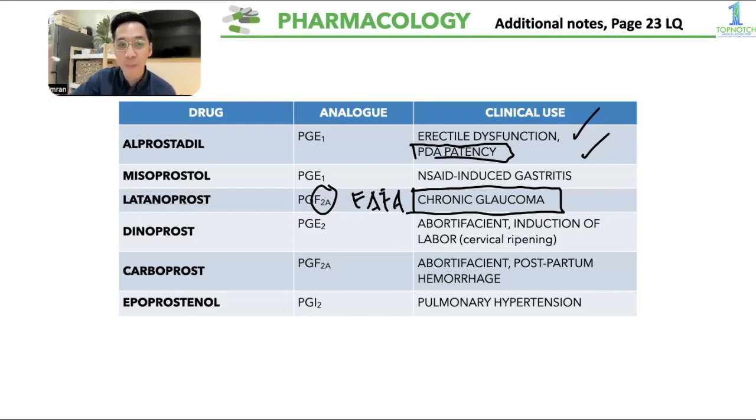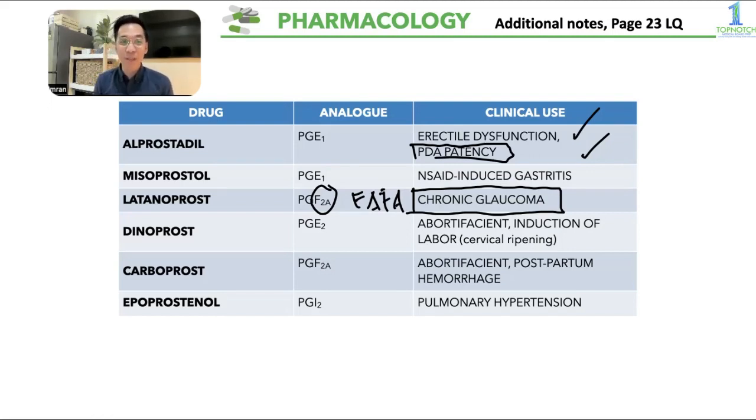Tapos, paglabas ng baby, nakita mo, oh, tignan mo ito. Mukha siyang naging dinosaur pala yung pinanganak niya. So, ganun pala siya na-recall. So, Dinoprost, kasi nanganak siya ng dinosaur, okay?